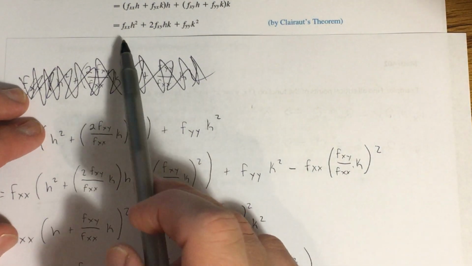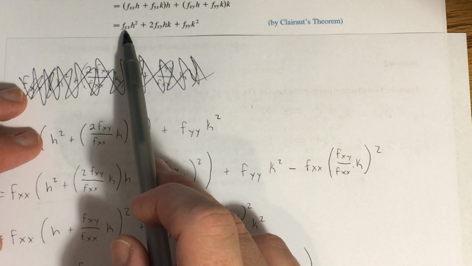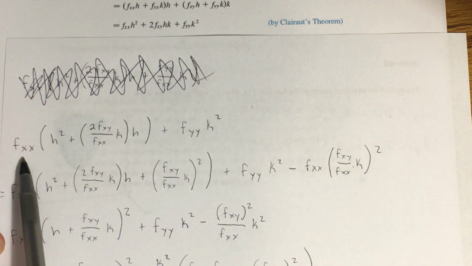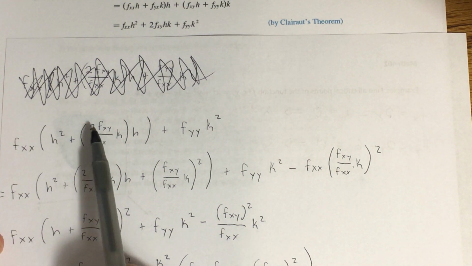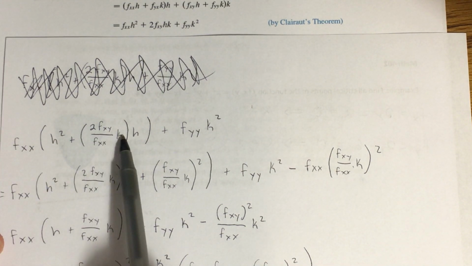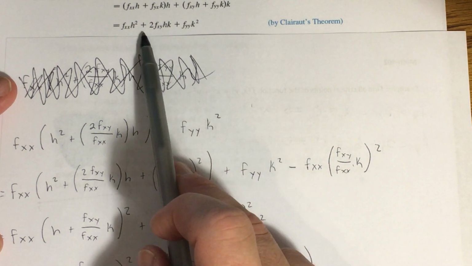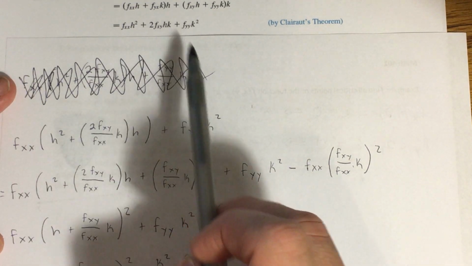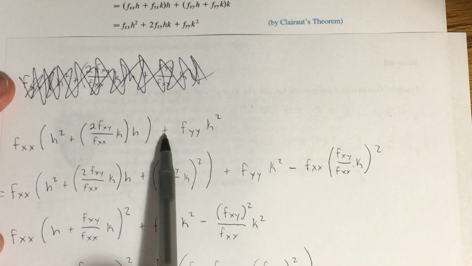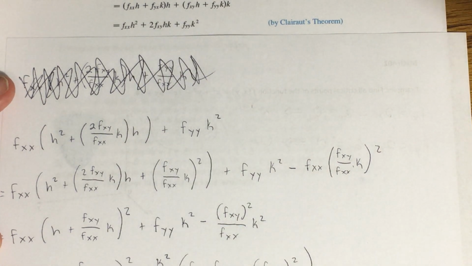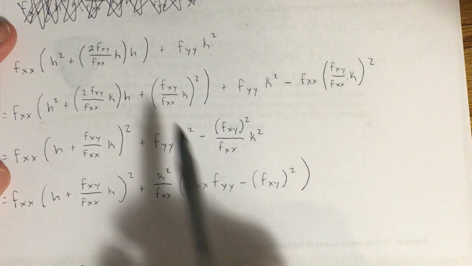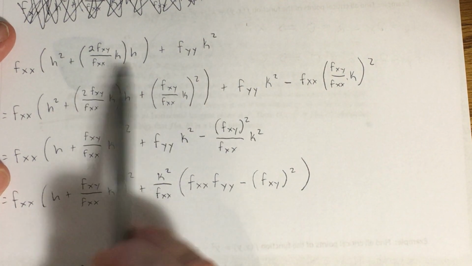All right. So the first thing I would do is factor the leading coefficient, which is fxx, out of the first two terms. And that would leave me with h squared plus 2 fxy over fxx k. That's like my constant times h. Okay, I'm only factoring out of those first two terms, and I'm pushing the fyy k squared out of my parentheses there. Next thing I'm going to do is complete the square within these parentheses.